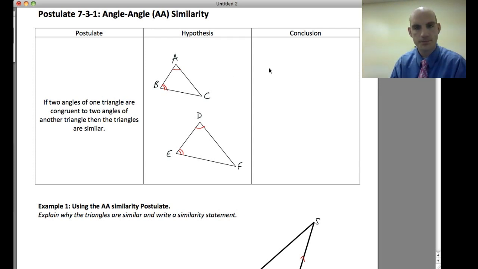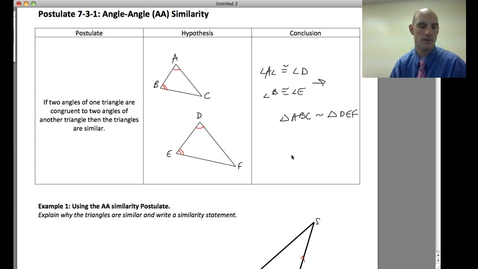Angle A is congruent to angle D, and angle B is congruent to angle E, so the conclusion that we can make is that triangle ABC is similar to triangle DEF. What we're saying here is that all you need is two angles. If you have two angles, you can prove that the triangles are similar.